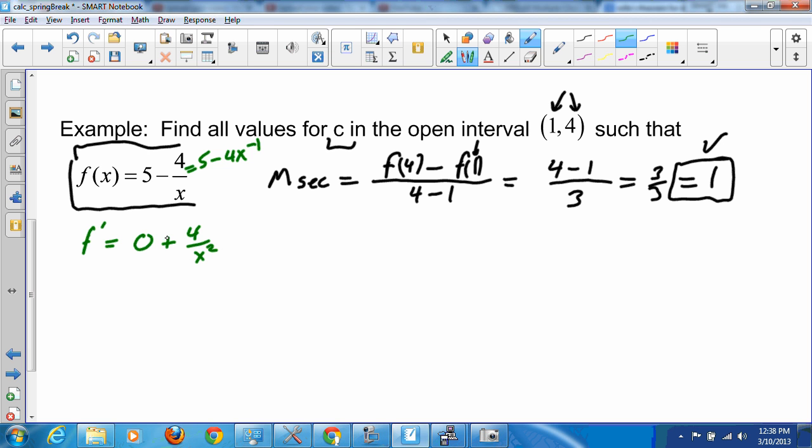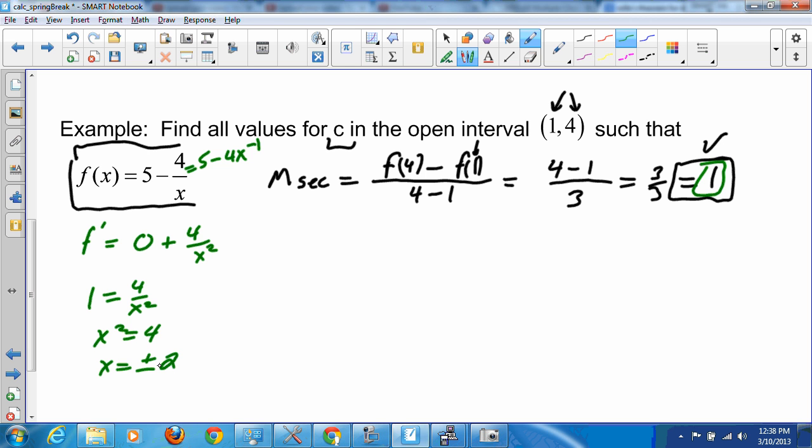So what value are we looking to match? We're looking to match this value with 1. So just set the whole thing equal to 1. Just cross multiply here, and you get x squared is equal to 4. The square root of that is plus and minus 2.